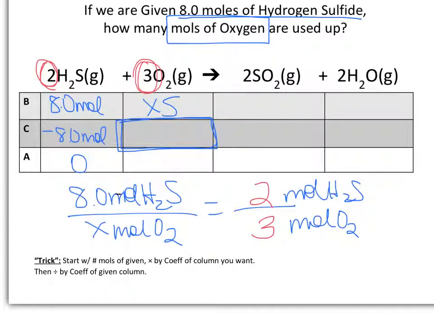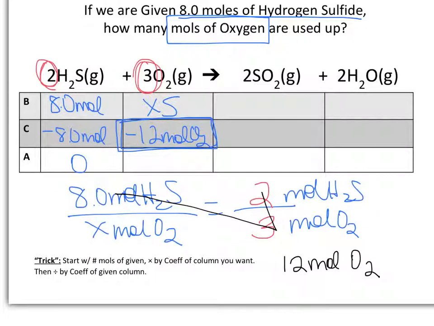Now we can go ahead, cross multiply, divide, and we've got our answer. The answer here is 12 moles of our oxygen. So now we can plug that in over here. We're going to, oops, not plus, sorry. We're going to use up, so that's a minus. We're going to use up 12 moles of oxygen. So our question says, how many moles of oxygen are used up? Our answer is 12 moles are used up.